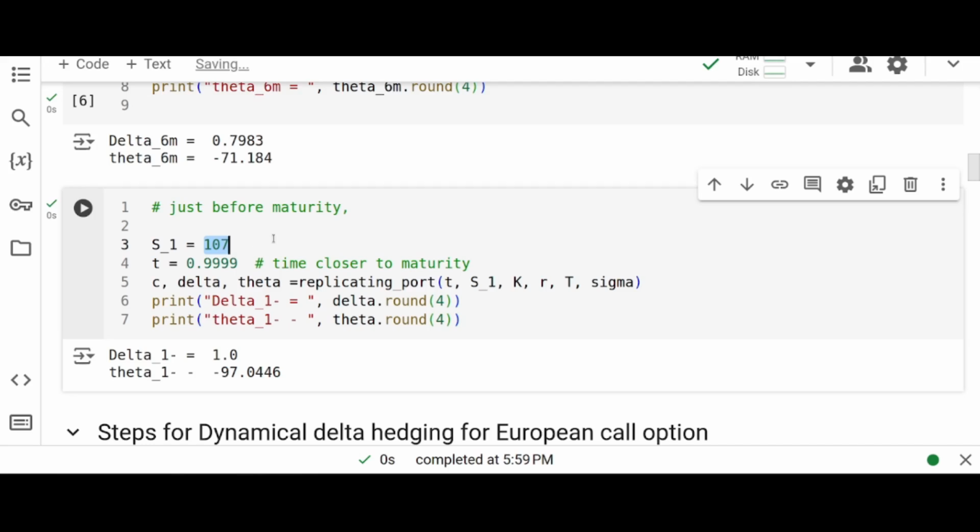Since it is greater than 100, the payoff is positive, so the option holder will exercise. So in order to hedge against the risk of losing, the institution should hold 100% of the share. So the delta should be equal to 1.